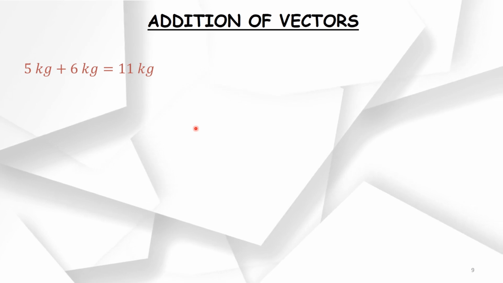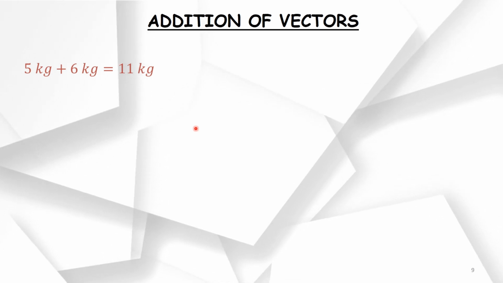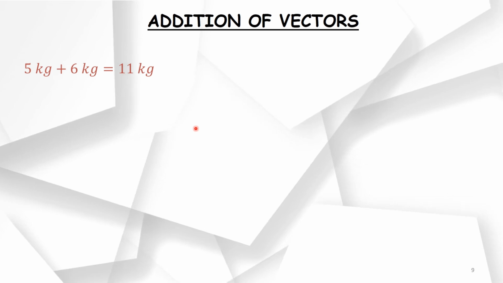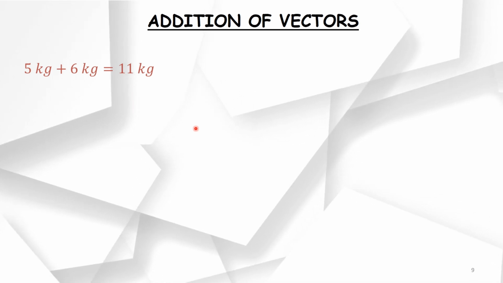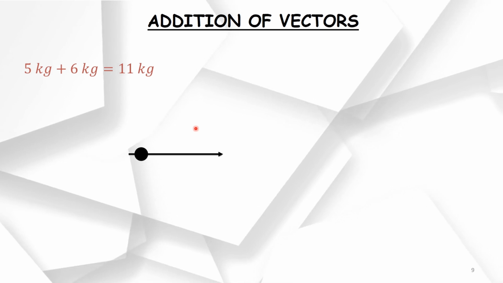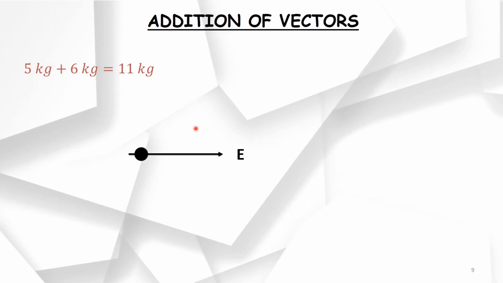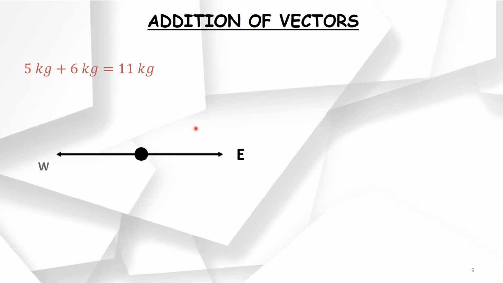But first we must know about directions. From the origin, if I move towards the right, then I'm moving towards east, and if I move towards the left, then I'm moving towards west.